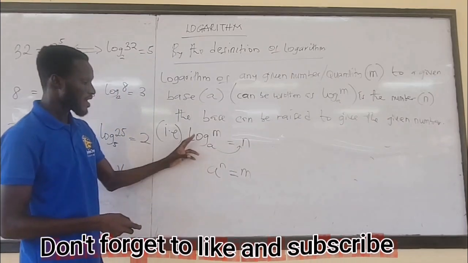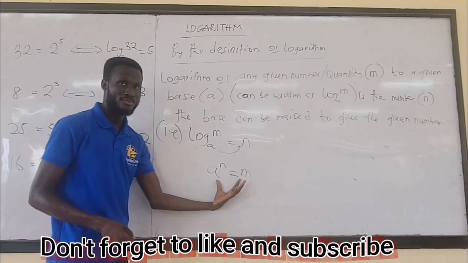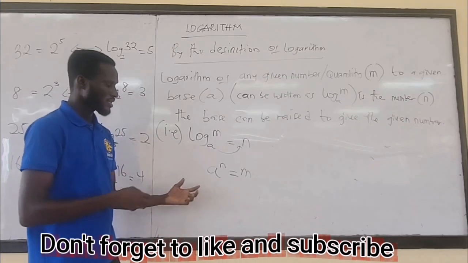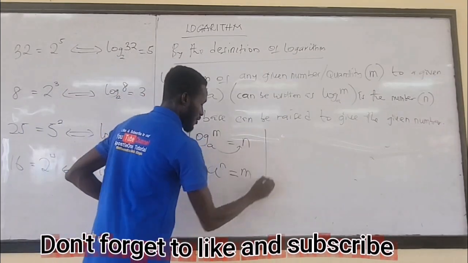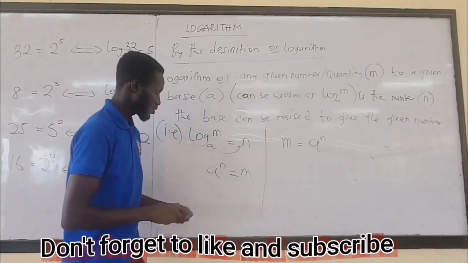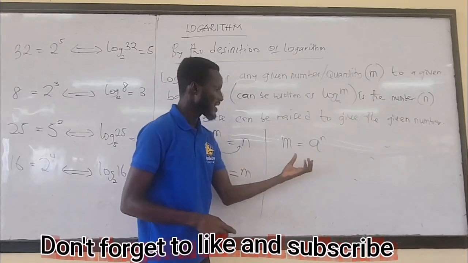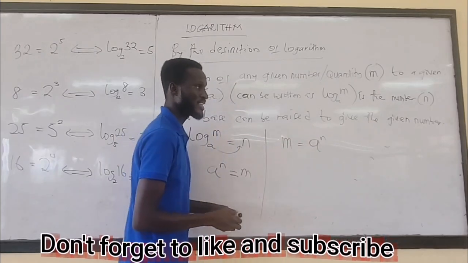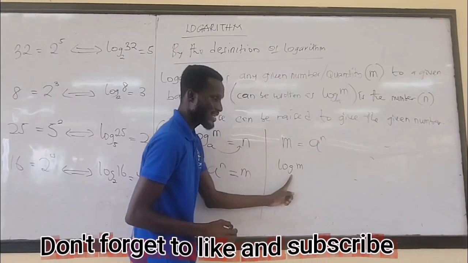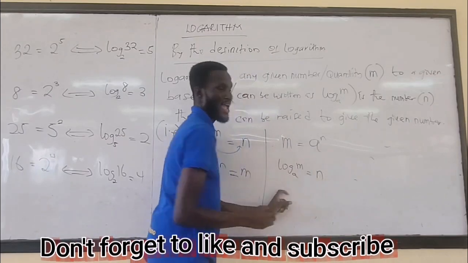So that is about translating from logarithm into indices form. This is actually the definition of the logarithm. That is why we said that if we have m in index form, m is equal to a exponent n, then in the form of logarithm, I'm going to have the log of m to the base a, to give us the exponent n.